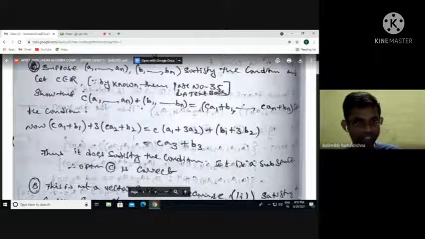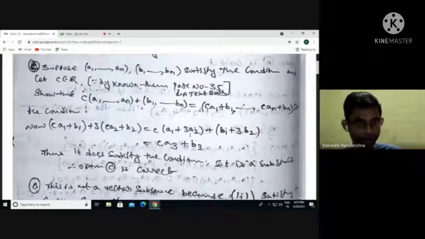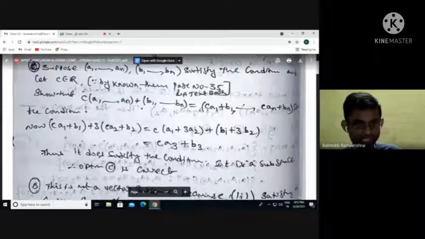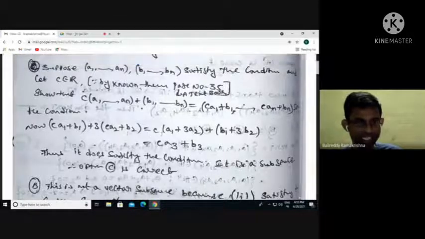On simplification, we get, here c is a scalar, so the first one can be written as c into a1 plus 3 into a2. Taking c as common from these two, we get c into a1 plus 3a2, plus b1 plus 3b2.